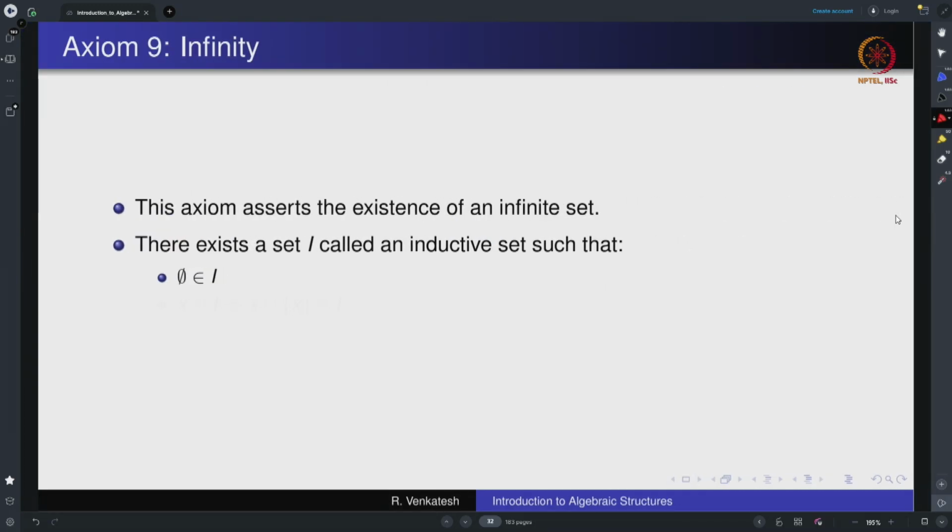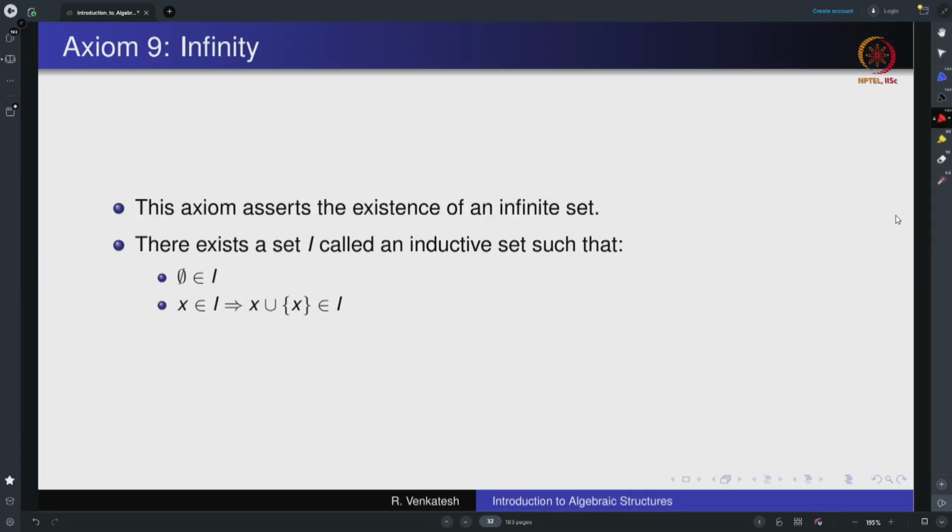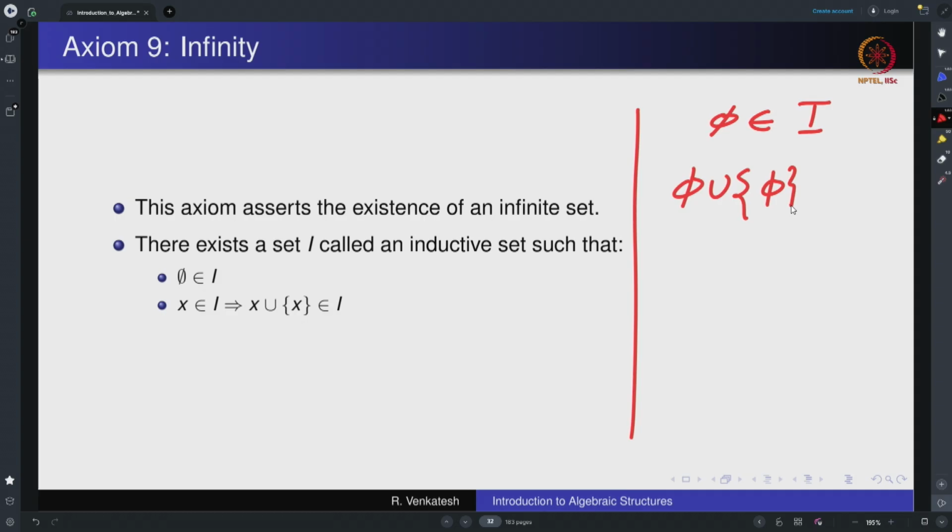One is that the empty set should be in I, and whenever x is in I, then x union the singleton x should also be in I. For example, if you start with the empty set inside your I, then the axiom implies that the empty set union the singleton empty set is also supposed to be in I.